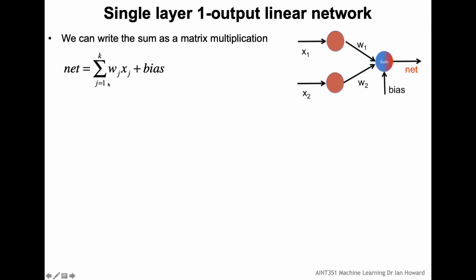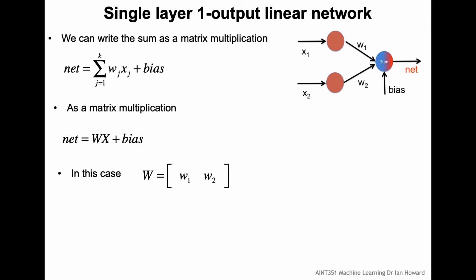We're writing input element dimension now as being basically a j, so either 1 or 2 for the two dimensional case. And we're just summing up the weighted values of the inputs, w_j times x_j, and we're adding on the bias at the end. We can easily write that in matrix form as wx plus bias.